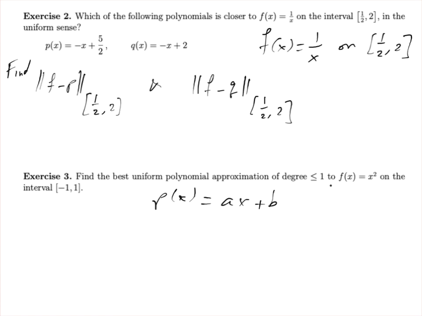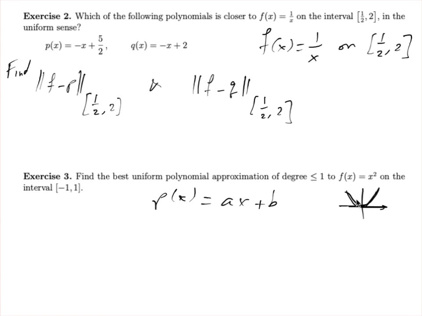We want this polynomial to approximate f of x equals x squared, and we know the graph of this function is the parabola with vertex at the origin.